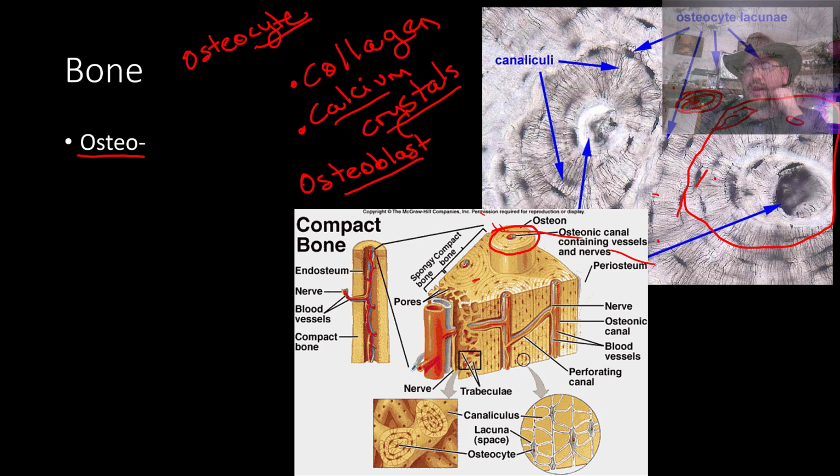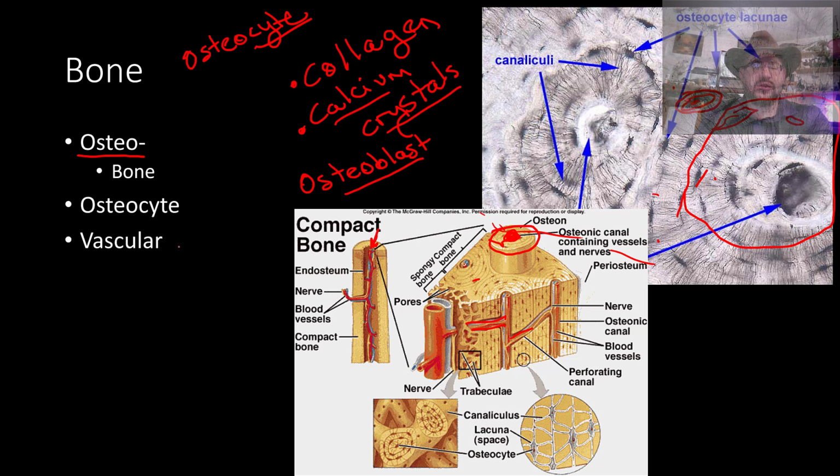At the center of a ring is a blood and nerve supply. So there is, at the center, blood supply. And then that blood branches out throughout there. And then you also have nerves passing through there as well. So, osteocytes secrete the matrix. Vascular, so it does have a blood supply.